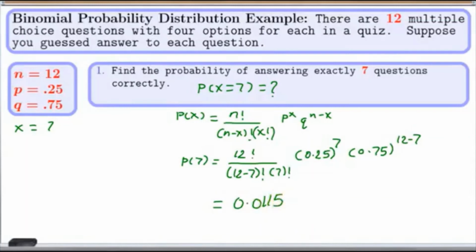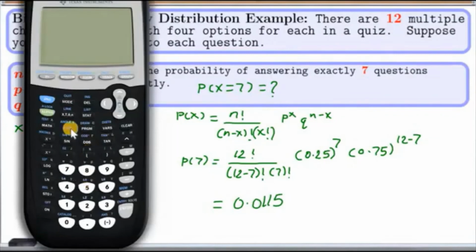So now let me show you how to find this probability using a calculator. Since we are trying to find the probability at a point, we'll be using the binomial PDF function. For that, you need to hit second, go to distribution, then use the arrow key to go all the way down to binomial PDF. Okay. So now hit enter.